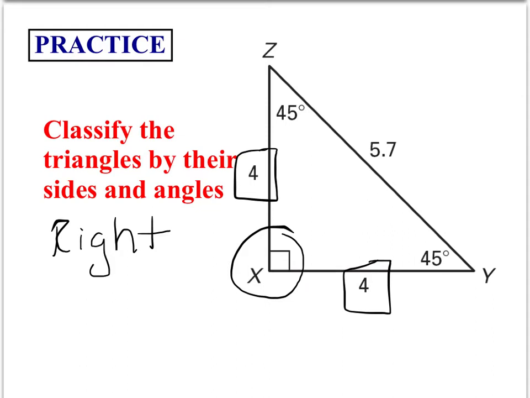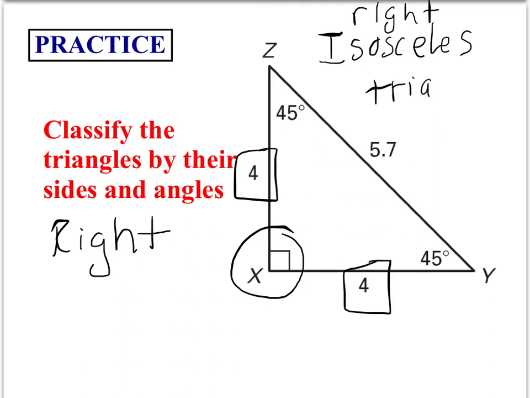If we have two sides that are congruent, we know this falls under isosceles triangle. So we would call this a right isosceles or isosceles right triangle. Okay, so when it says to classify them by their sides and their angles, be sure to do both.